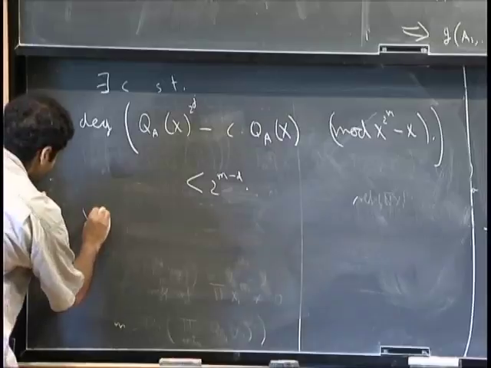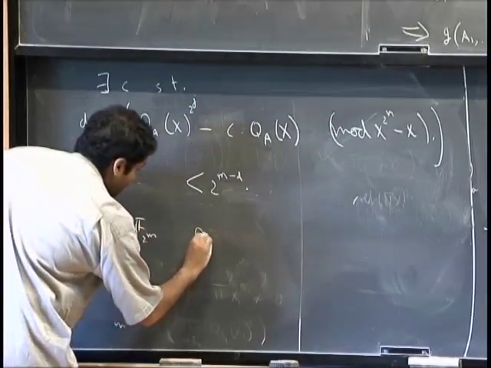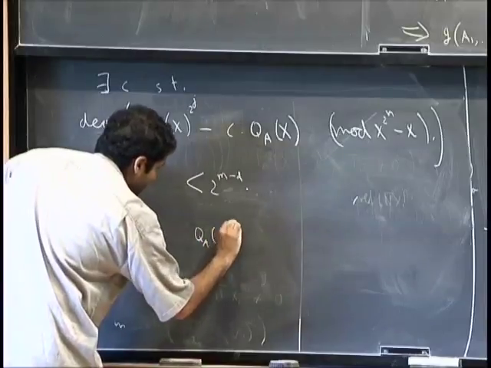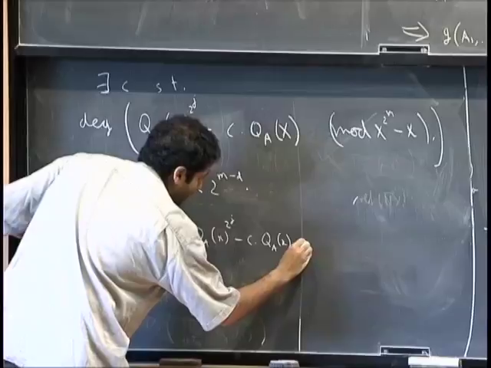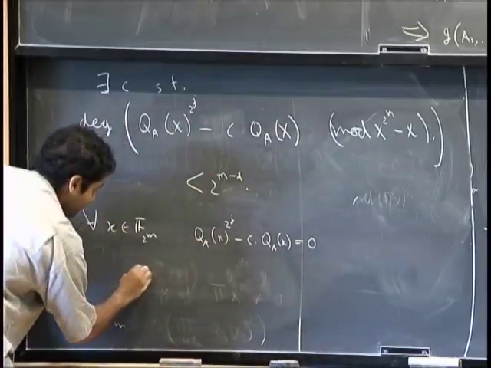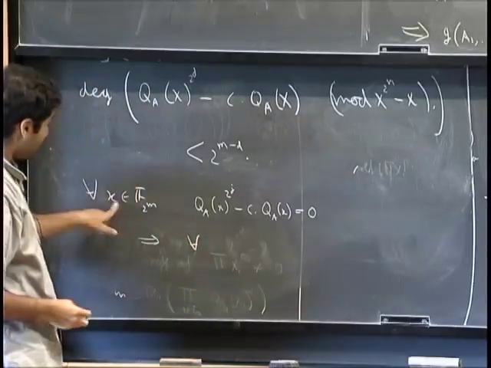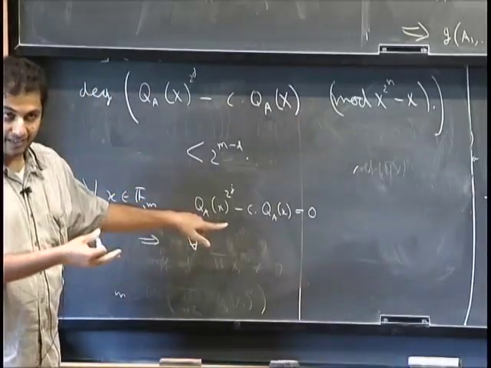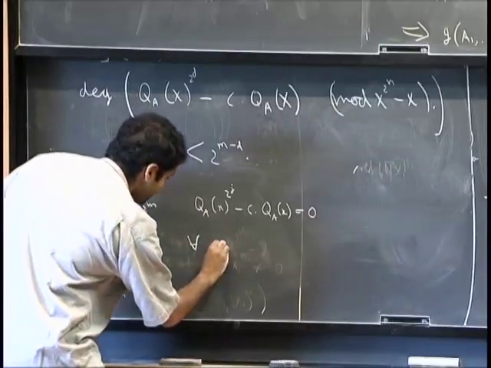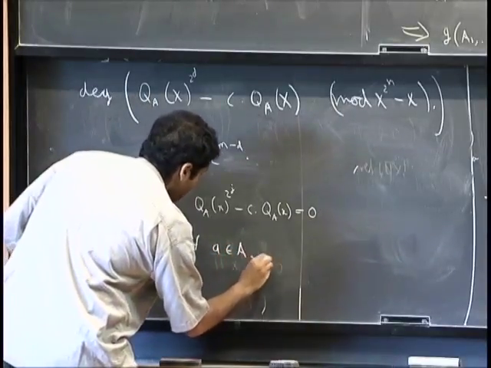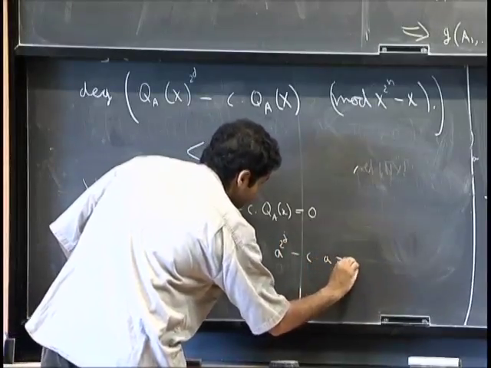So for all little x in F_2^m, qa of x to the 2 to the j minus c times qa of x is equal to 0. So qa of x is just some element of A, and every element of A is representable that way. So for all a in A, a to the 2 to the j minus c times a is 0.